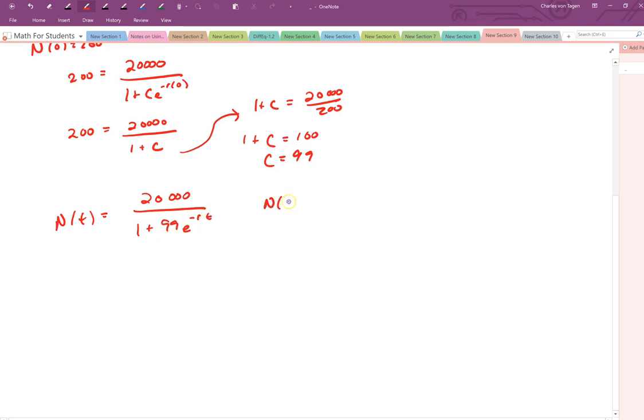And now we'll use the fact that n of 1 is equal to 400. So we get that 400 equals 20,000 divided by 1 plus 99 e to the minus r times 1.